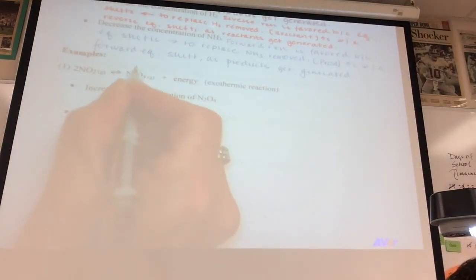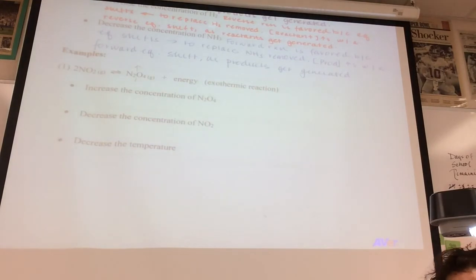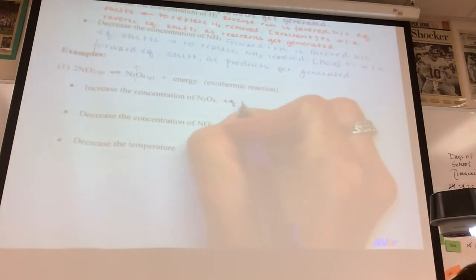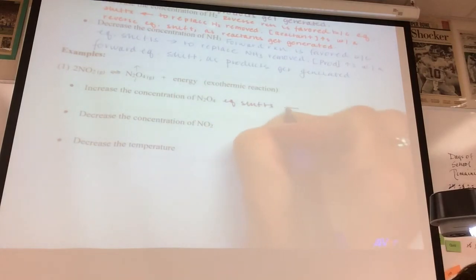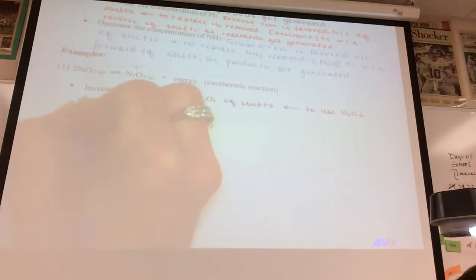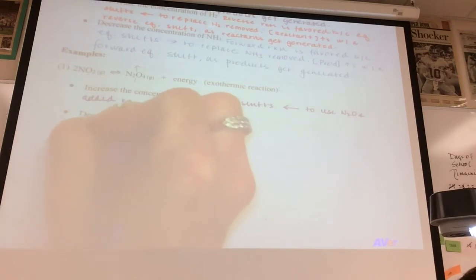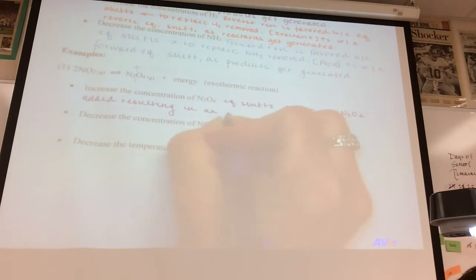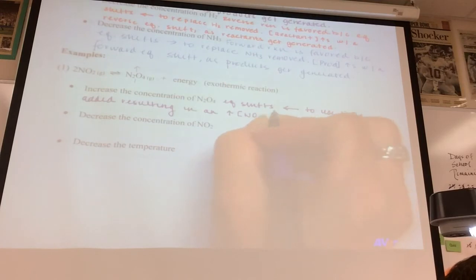So in this one, if we increase concentration of dinitrogen tetroxide, in which direction will equilibrium shift? Reverse. So equilibrium shifts in the reverse direction to use N2O4 added, resulting in an increase in concentration of reactant.